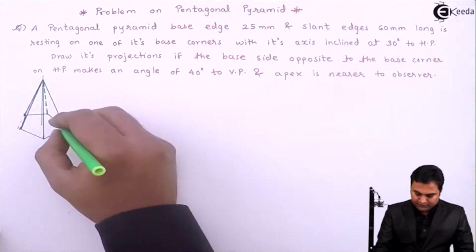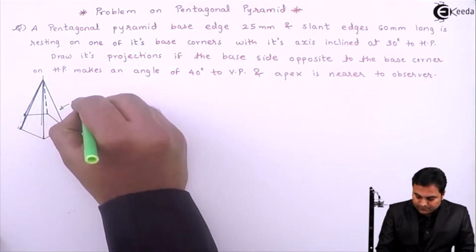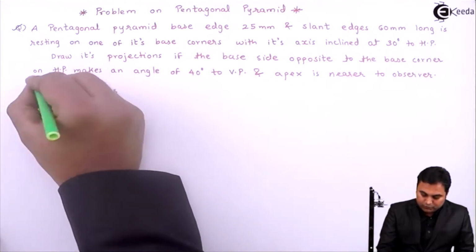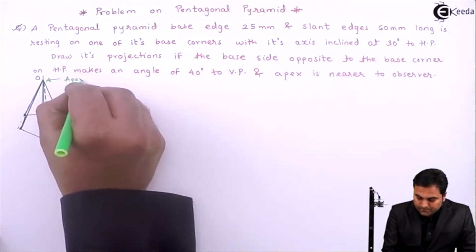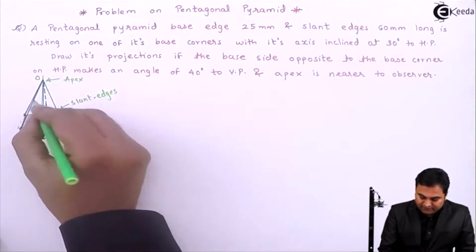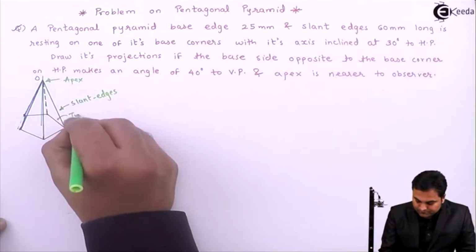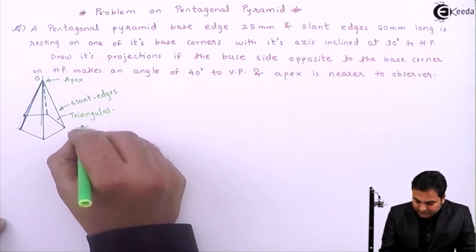There are 5 corners. Those 5 corners are connected with slant edges to the common apex, which is point O. And then there are 5 triangular faces of this pentagonal pyramid.